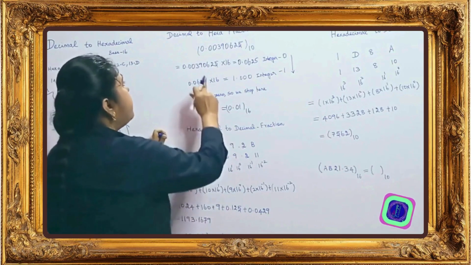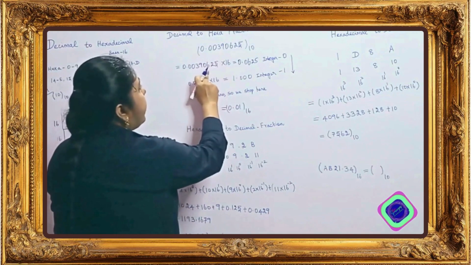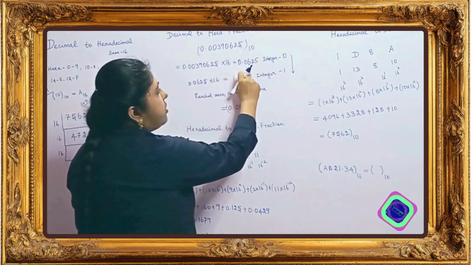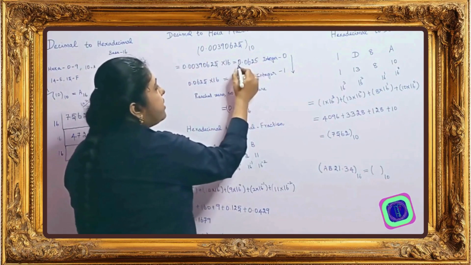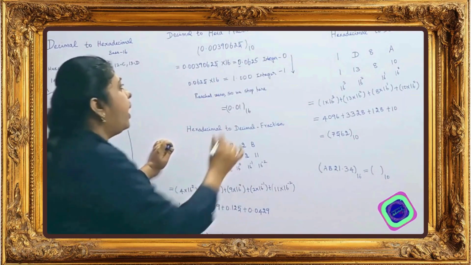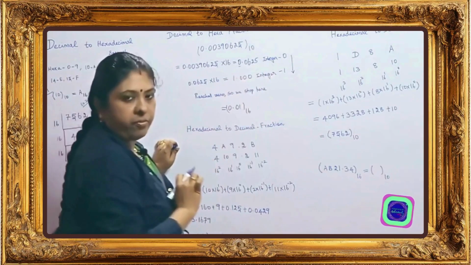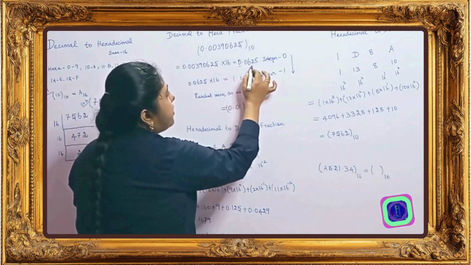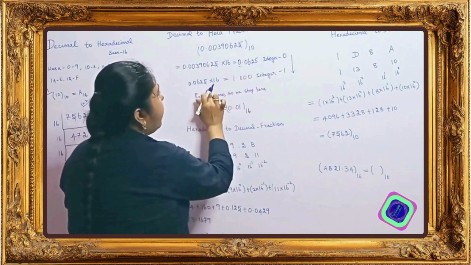So the first step is 0.00390625 into 16, which gives 0.0625. Here the integer part is 0, that is the number before the decimal point, and the number after the decimal point is called the fractional part. So the integer is noted as 0, and then 0.0625 into 16.